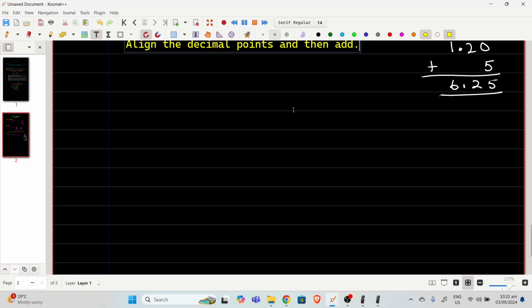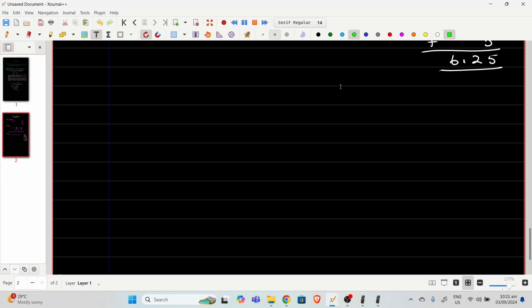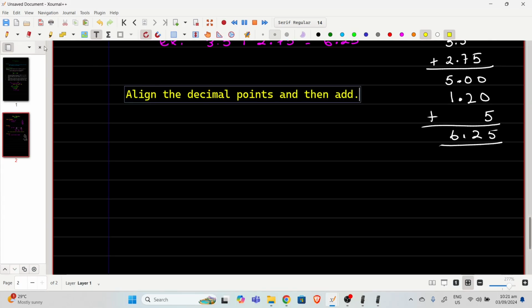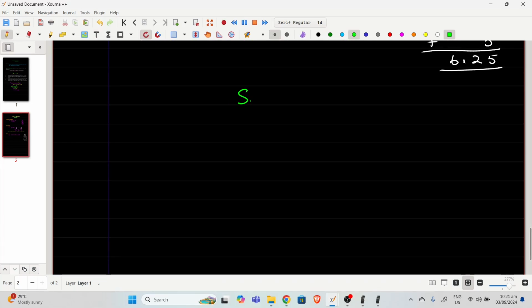All right, let's go on to the next operation that you're supposed to know from primary school, which is subtraction. So subtraction is simply done the same way that you do in primary school.